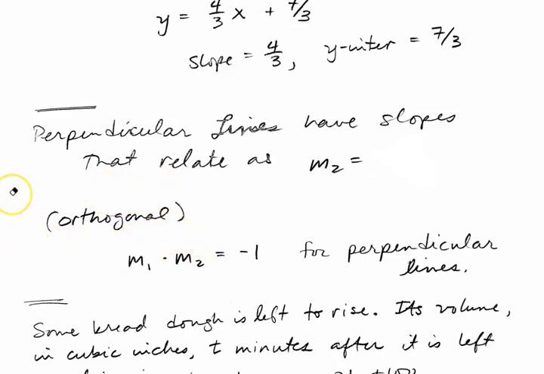That's a fancy way of saying perpendicular, so you can impress some people with that. Perpendicular lines have slopes that relate, and this is just another way of representing the fact that when you multiply the slopes together, you have to get -1. This just says that the slope of one line is equal to the negative reciprocal of the other. It doesn't matter where 1 and 2 are.